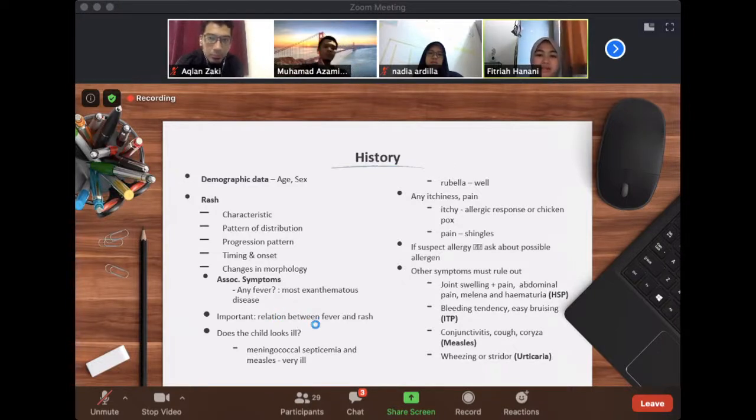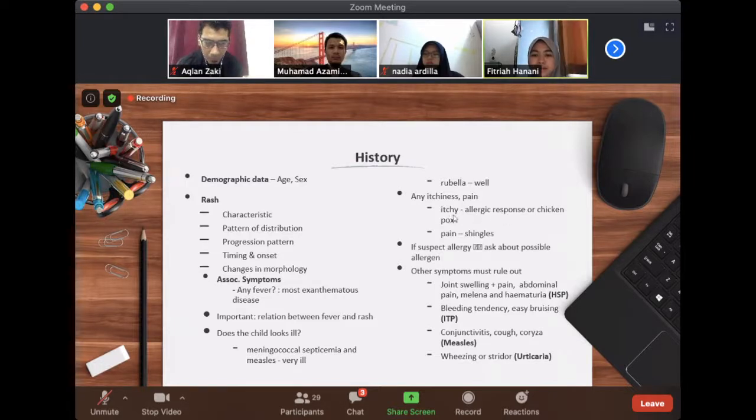If very ill, we must be suspicious of sepsis, like in meningococcal septicemia, where the patient may appear very ill, septic looking, and also in measles because of the high fever. Then for the rash, is it associated with itchiness or pain? When there is itching, the common one is eczema, like I mentioned just now. It could also be scabies and other causes of itchy rash.